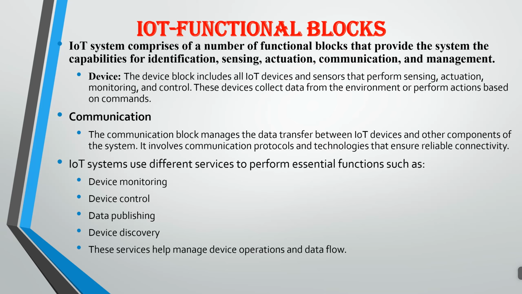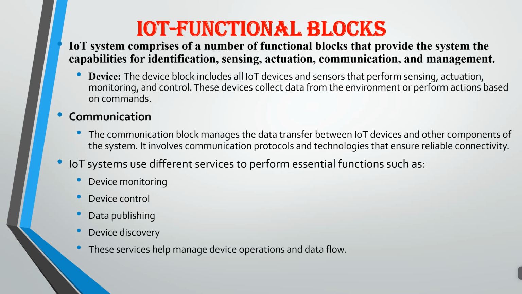Then data publishing. We have various IoT systems wherein they publish the data, like today's weather report, tomorrow's possible weather condition. It collects the data and publishes, for example, the carbon monoxide content in the air, so polluted air, what is the pollution rate.